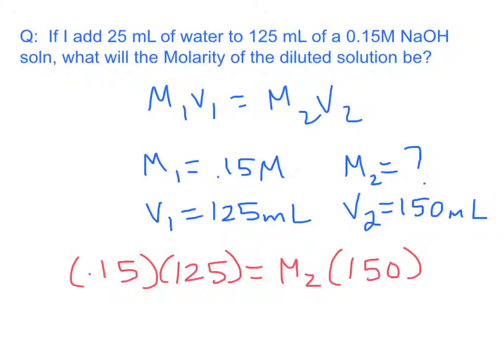And notice that I made sure that because this was in milliliters, I went ahead and kept this in milliliters. And now doing our math and solving for M2, you should get M2 to be 0.21 molar. And I rounded this to 2 sig figs based on all these numbers I was given here. So there's my final answer for this problem.